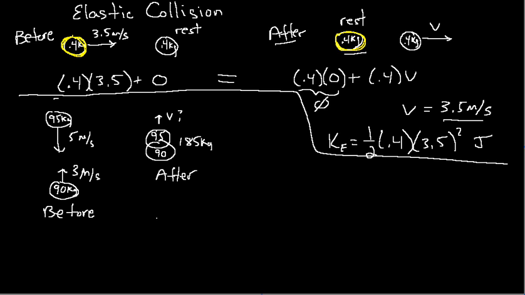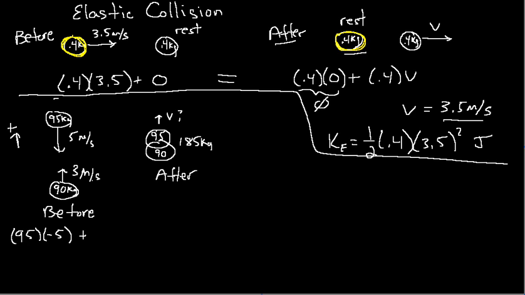Now we're going to use conservation of momentum. Before the collision, for our total momentum, I'm going to assume that up is positive, just so that we can do this problem. We have to make some assumption for direction. The momentum of this guy is 95 times a velocity of minus 5.